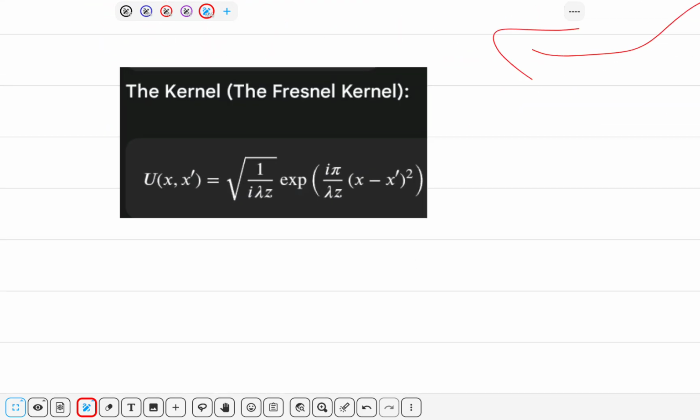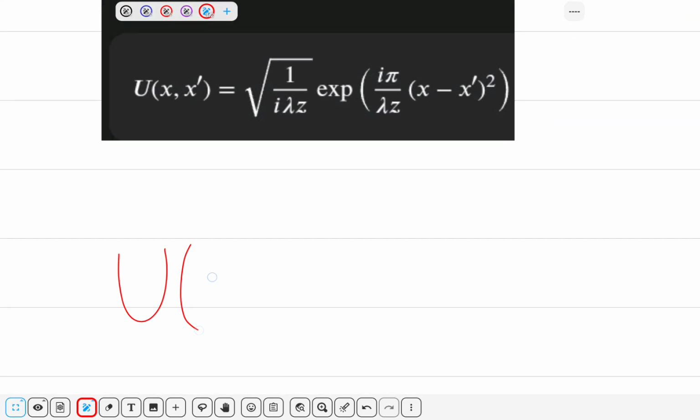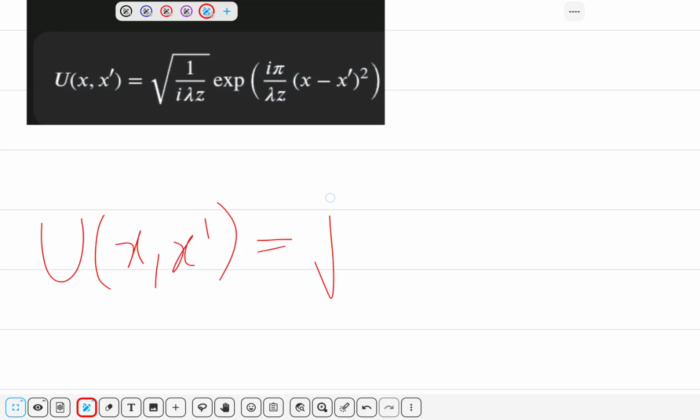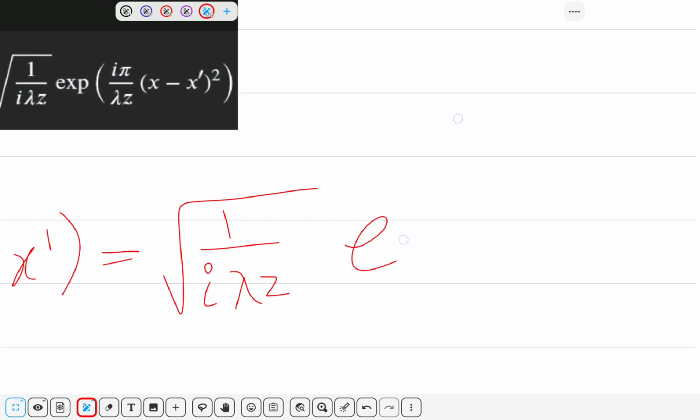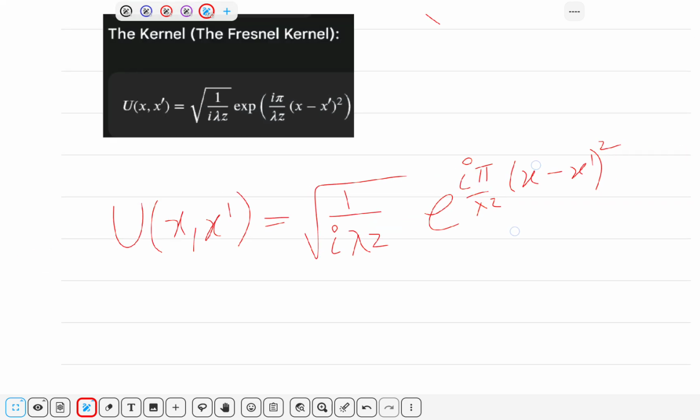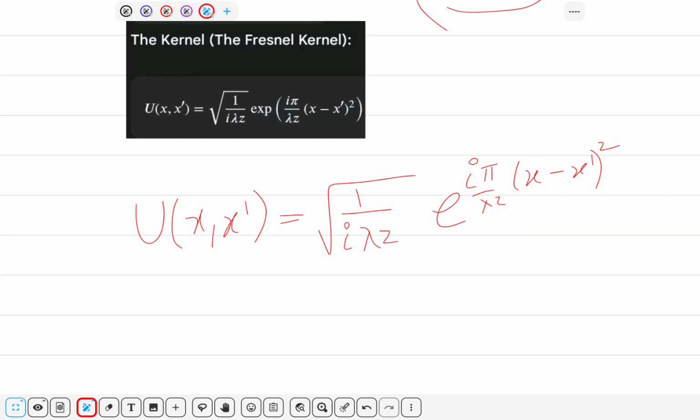So now I want to check if this thing really works. Square root of 1 by i lambda z, e power... I don't know what all this lambda and everything is, but let's see. And I assume that this is from minus infinity to infinity, but I can take care of that since my function is 0 outside a and b.